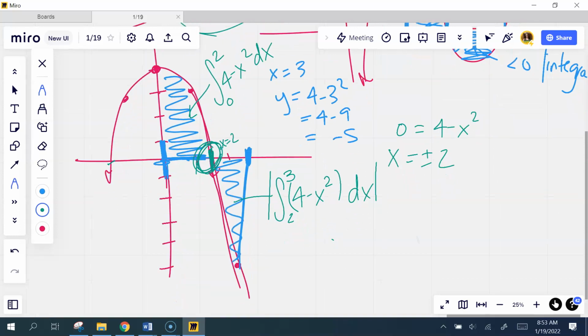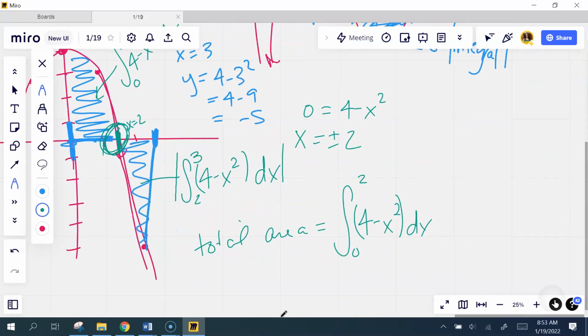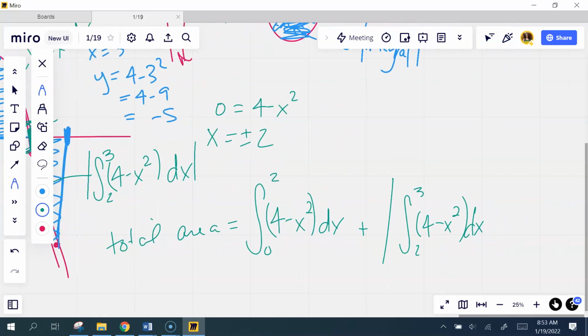So let's set this up. The total area is going to be the integral from 0 to 2 of 4 minus x squared, plus the absolute value of the integral from 2 to 3 of 4 minus x squared dx.